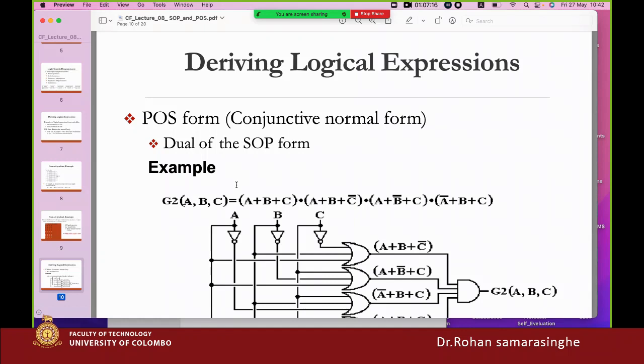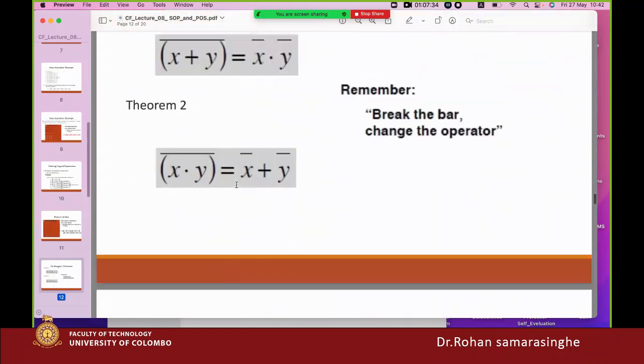The one difference between the sum of product and the product of sum is that when you write the min terms, you have to write the inverted value with the plus mark.